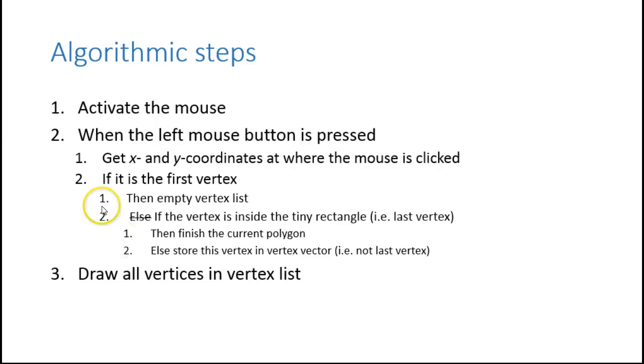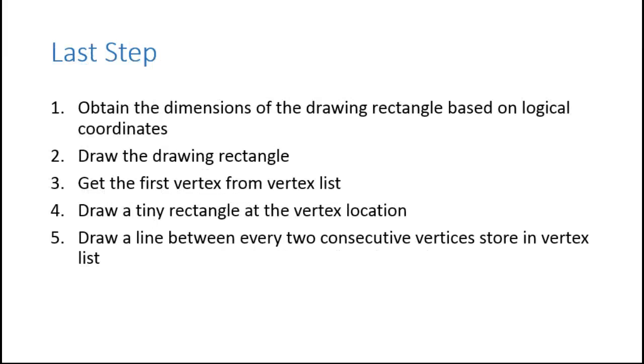Okay. This is a little complicated. I think drawing all the vertices would be the best first thing to look at, because then we'll get a feel for exactly what all the vertices are and how we're testing to see if we're inside the vertex and that stuff.